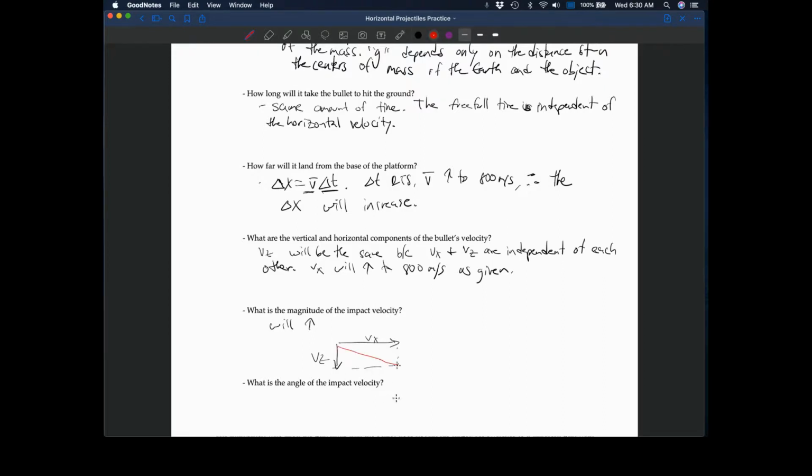With this resulting velocity, if Vx increases, then V impact will increase. As shown below, as Vx increases, the resultant impact velocity will increase, and that's the hypotenuse.